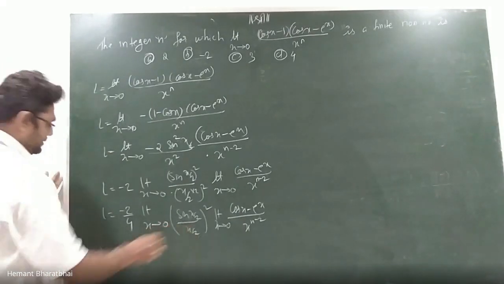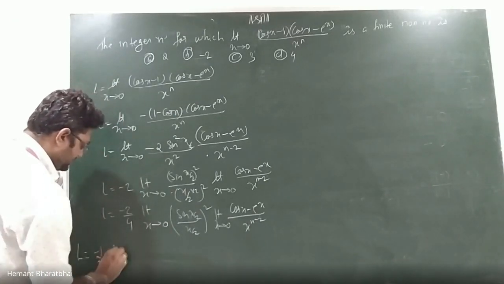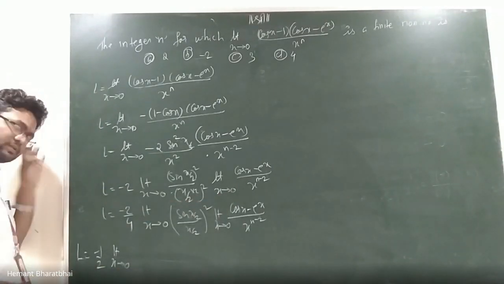And here now I can write limit of x tends to 0. I can write the series of cos x. So what was the series of cos x?